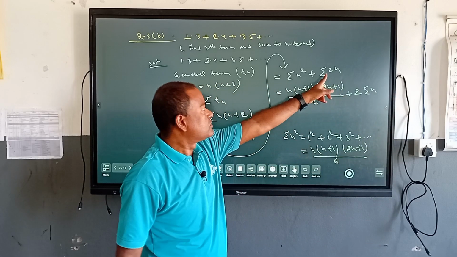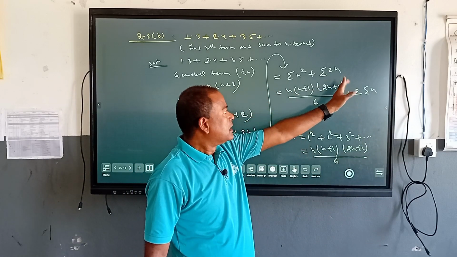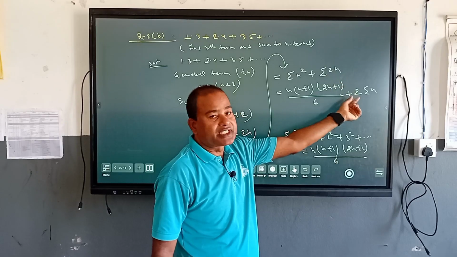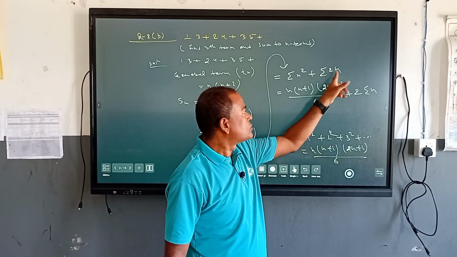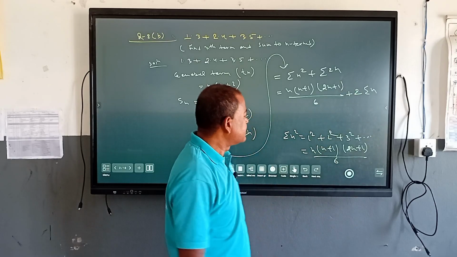The coefficient we have to write down as it is: 2 times summation n.